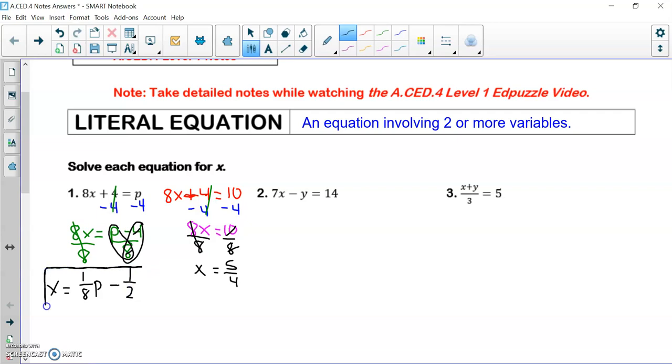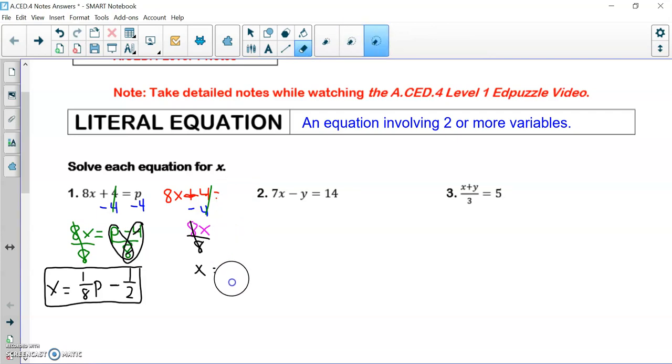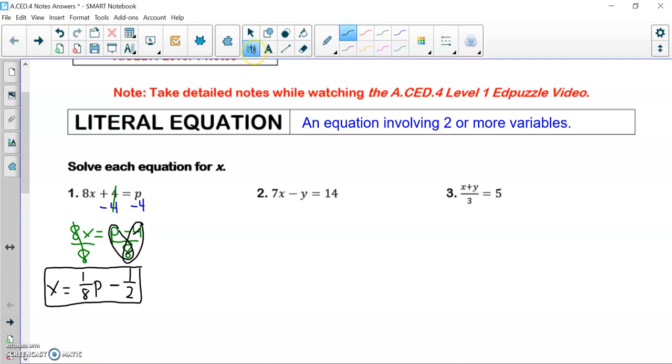And this is my answer. I just leave it like that with the variable in there. You can see that the process I went through in number 1 is very similar to the process in a normal equation. I'm going to erase my normal equation work, but that was just an example to show you that I'm going to solve exactly the same way that I would solve a normal equation.